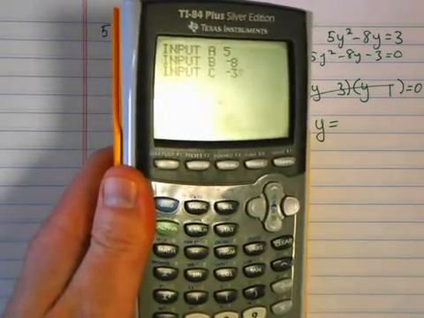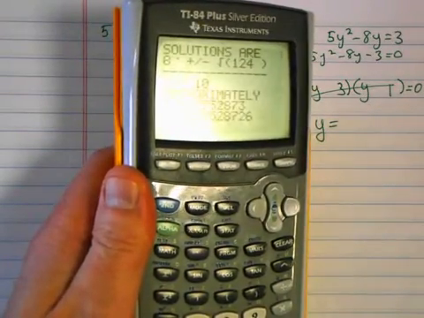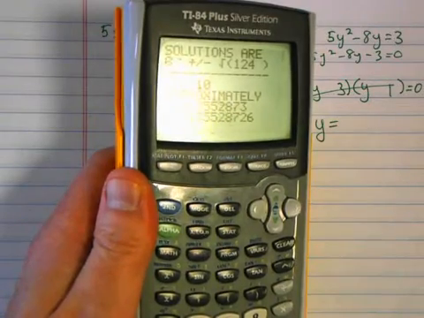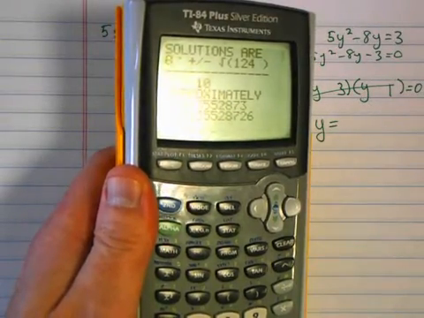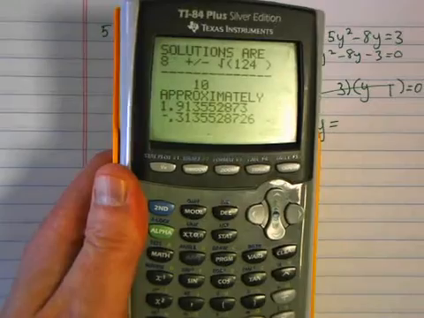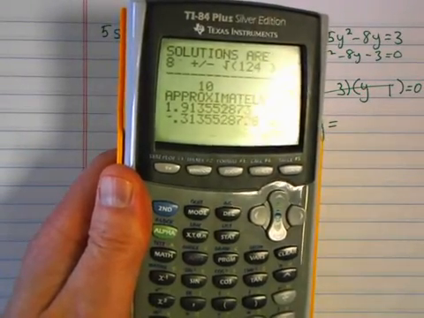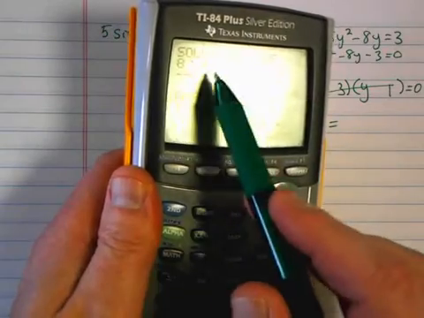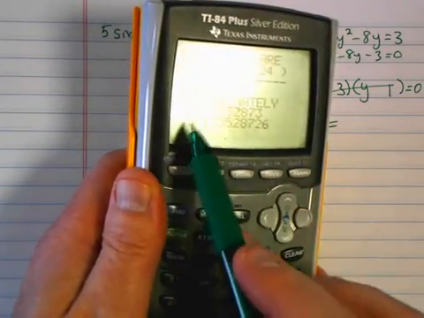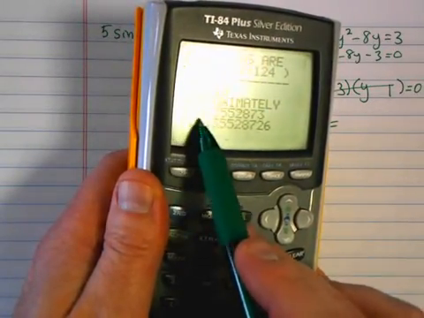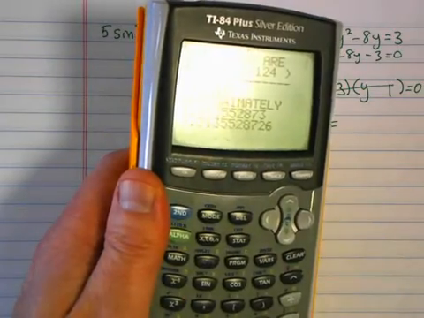I honestly thought it would factor, but it doesn't. Yeah, look, it gives me the answers: 8 plus or minus the square root of 124 over 10, or about 1.9 and -0.31.